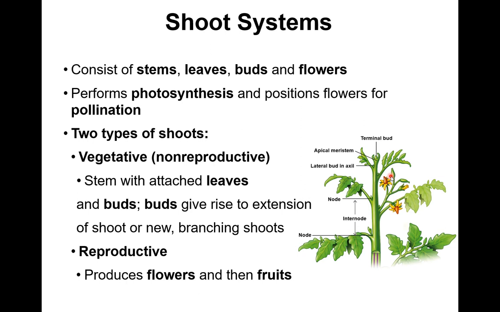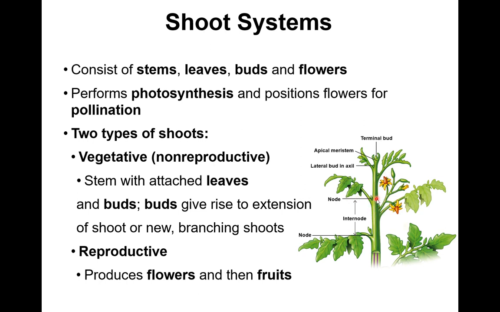Now, because of these, the shoot system can be divided into two parts. There is a vegetative shoot system, which is non-reproductive. It could be basically the stems with all the leaves there, so the part that is not involved in the reproduction. And then you have the reproductive shoot system, which consists instead of the stems with the flowers and eventually the fruits later on.